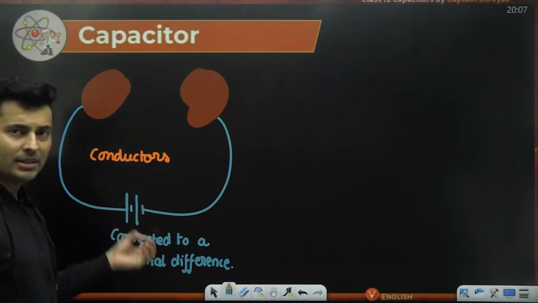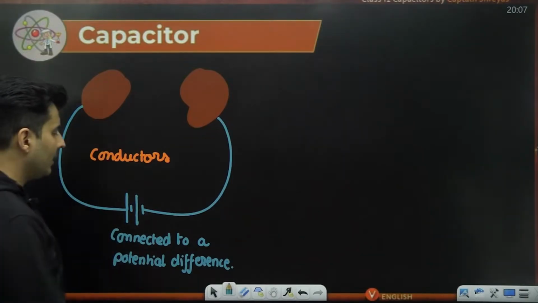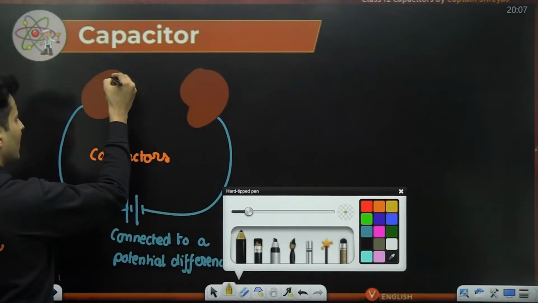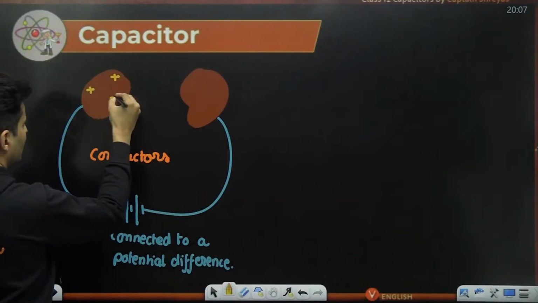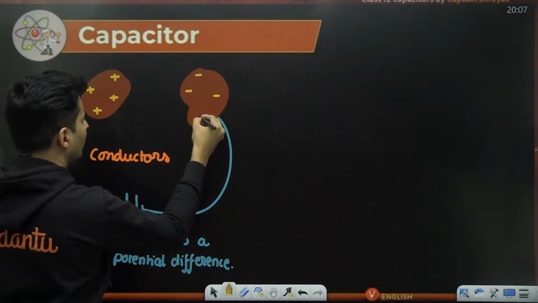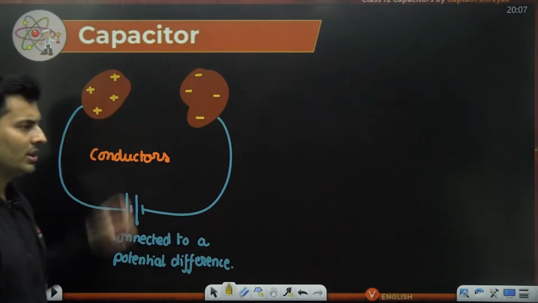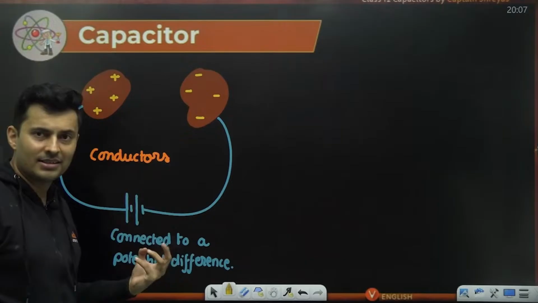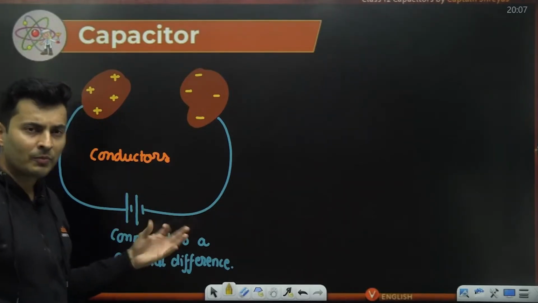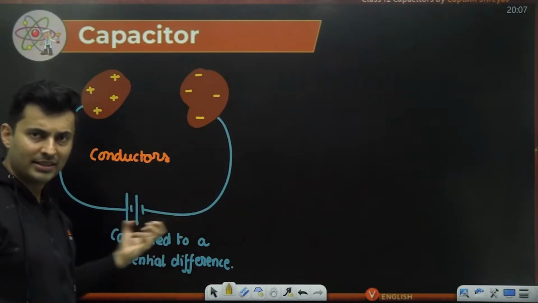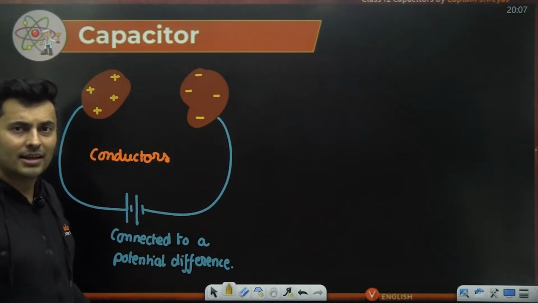So what will happen as a result is that you will see that there will be some positive charges which will be stored on this conductor and an equal amount of negative charge stored on this particular conductor. So this potential difference is trying to suck out all those charges from one side and put it on the other side.